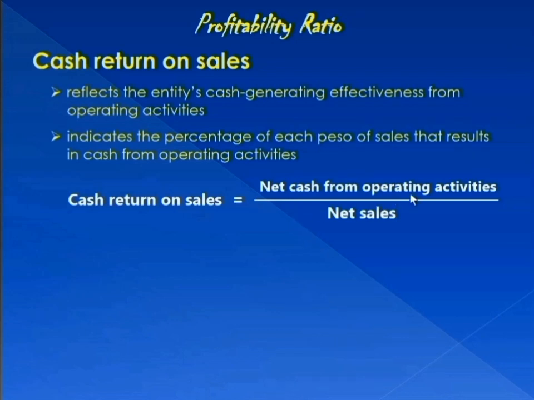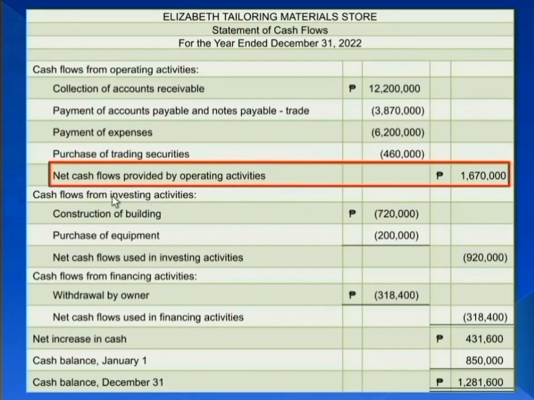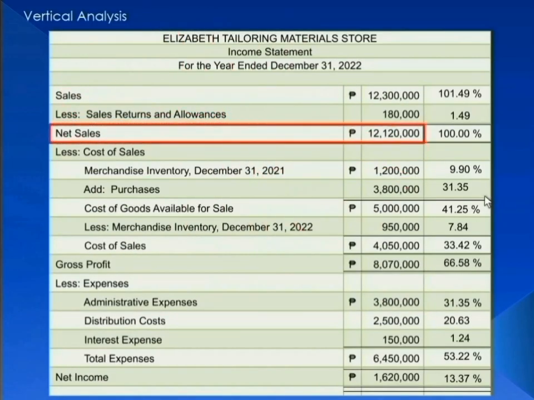The net cash from operating activities of Elizabeth Tailoring Materials Store amounts to 1,670,000. Its net sales figure is 12,120,000.